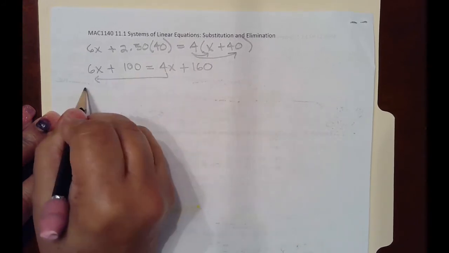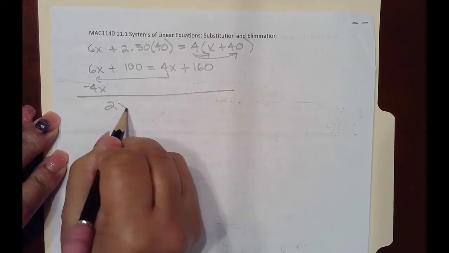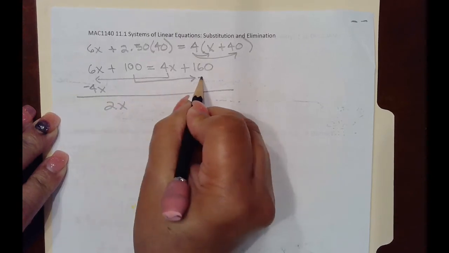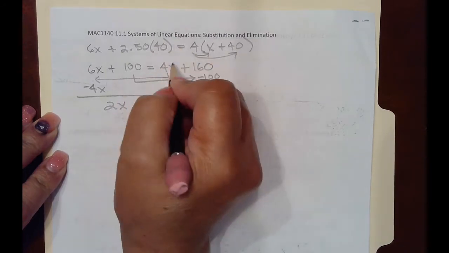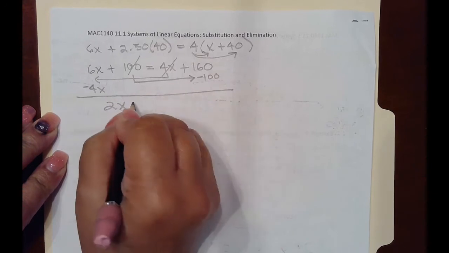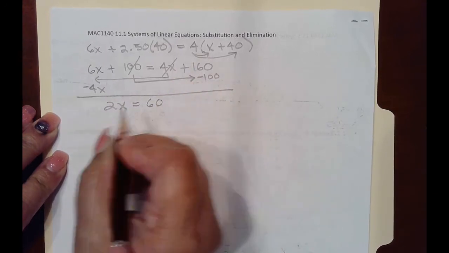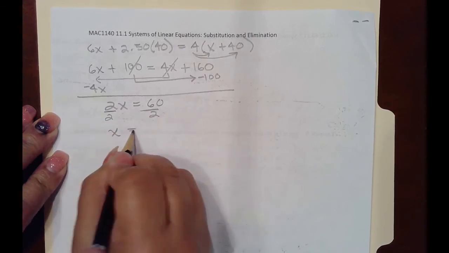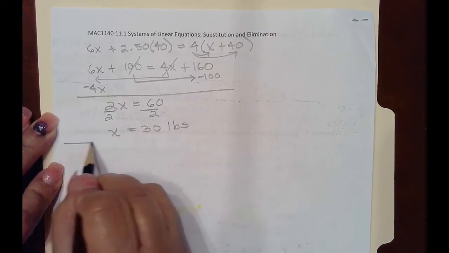It'll be minus 4x, so that'll leave me with 2x. I'm also going to bring the 100 over here, since we need all the constants on the opposite side. And 160 take away 100 would be 60. And then divide by 2, and you get x is equal to 30 pounds.